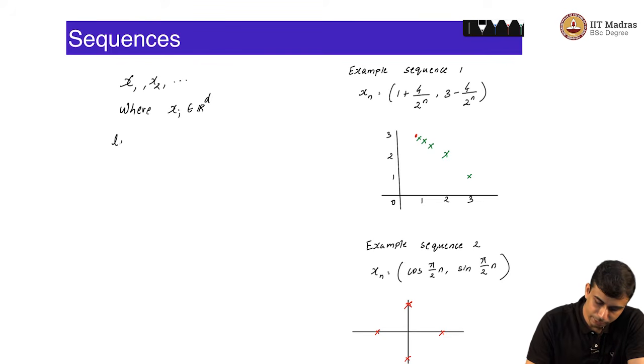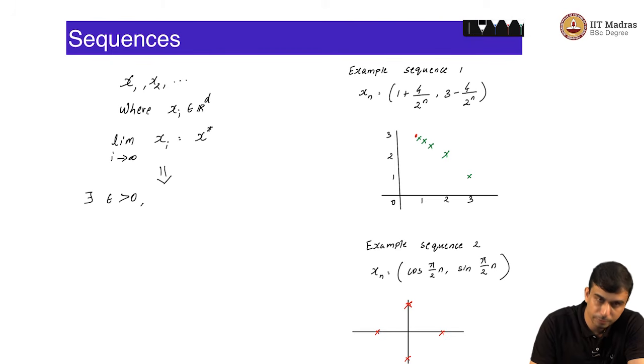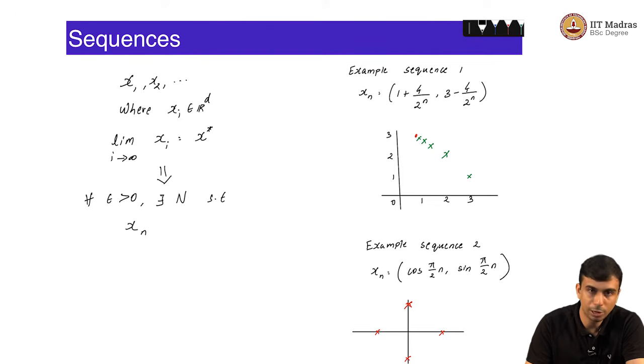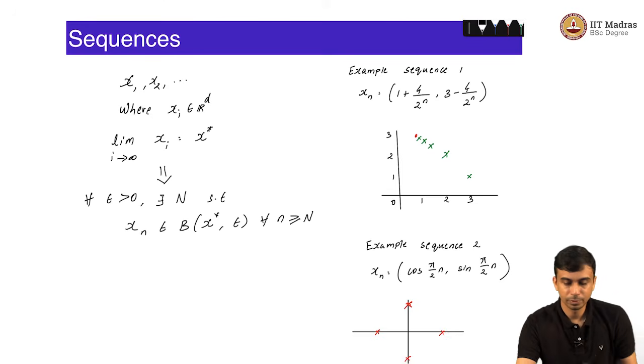We can say that limit as i approaches infinity, xi is equal to x star if for all epsilon greater than 0 there exists an integer capital N such that your x small n belongs to the ball centered at x star comma epsilon for all n greater than or equal to capital N.